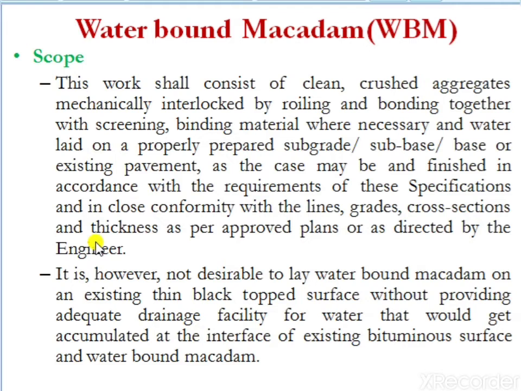So this water will be accumulated at the interface of two different layers. That is, the water will be accumulated between the bituminous surface and below the waterbound macadam. So this may lead to damage to the waterbound macadam performance.